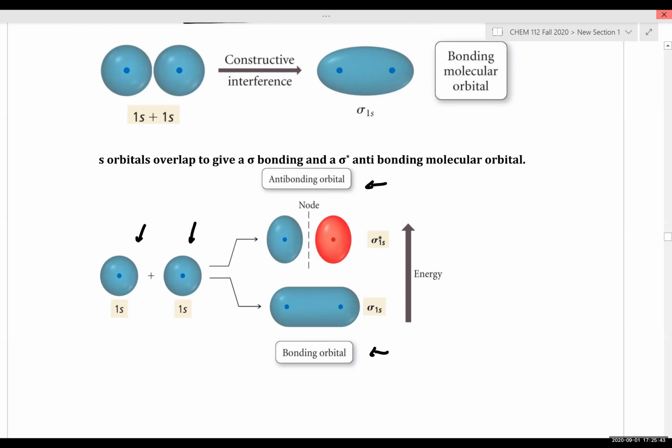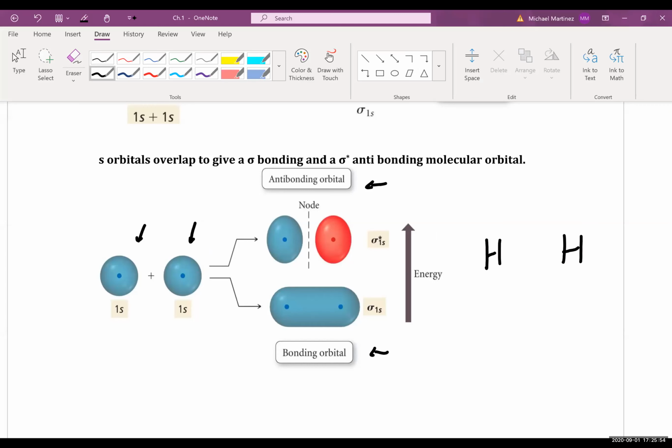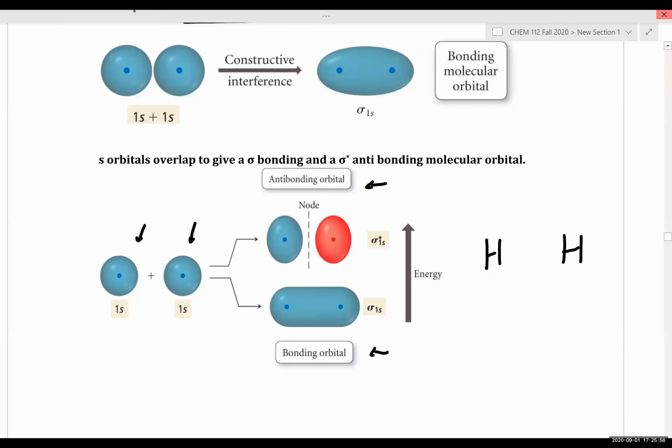If we look at a picture, for example, of our hydrogen-hydrogen bond, both of these orbitals are accessible and can be interacted with depending on what is reacting with hydrogen. So in our first case, let's draw out our first case.